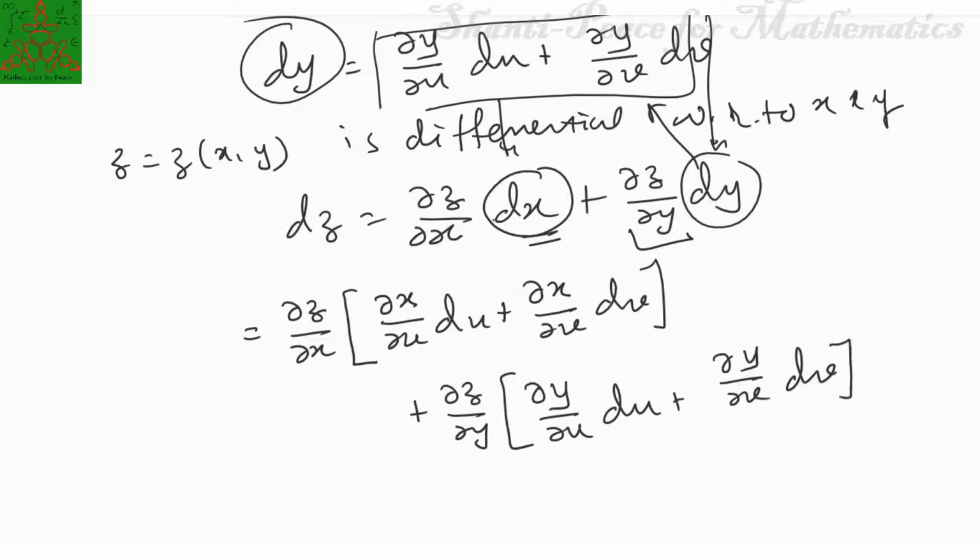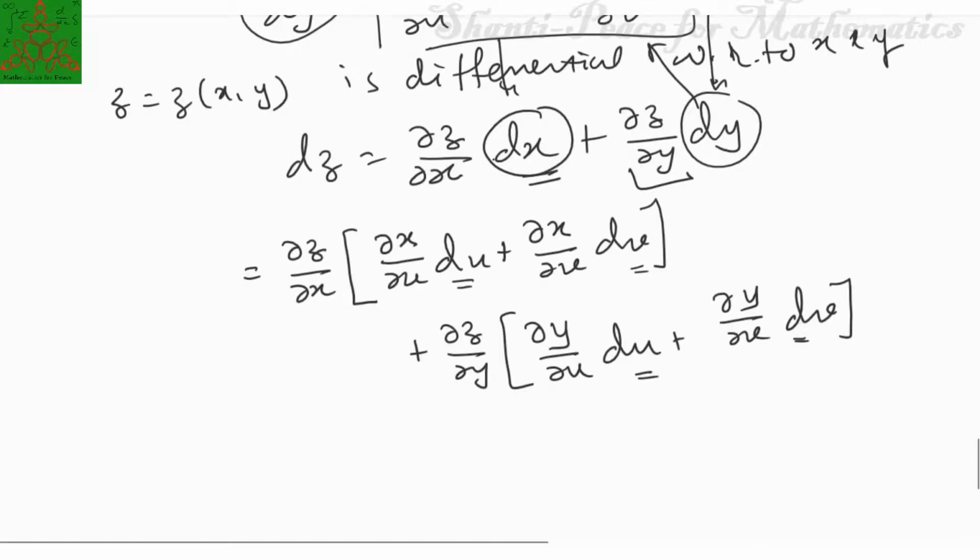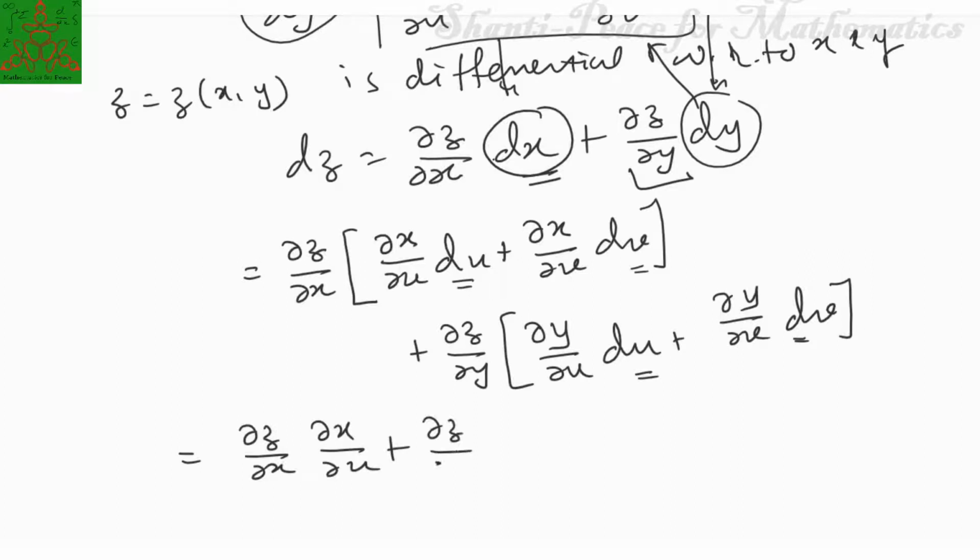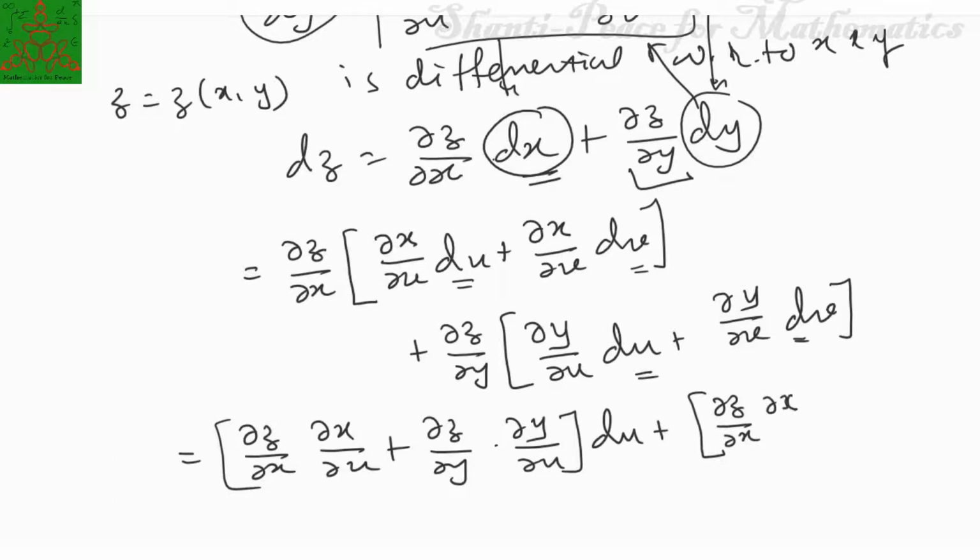You just simplify this, and if you write the terms of du together and dv together, we'll have del z by del x into del x by del u plus del z by del y into del y by del u, into du, plus del z by del x into del x by del v plus del z by del y into del y by del v, into dv.